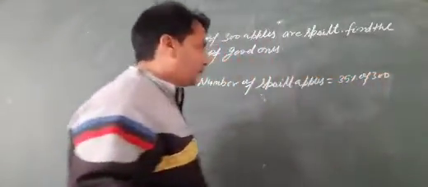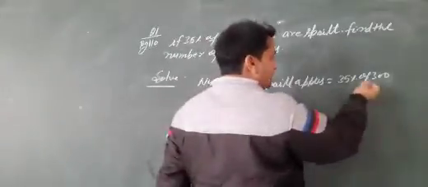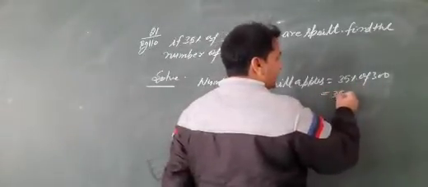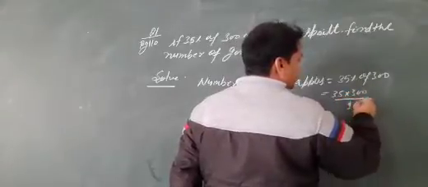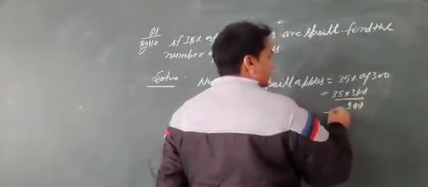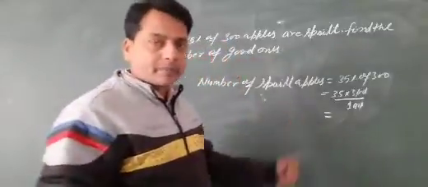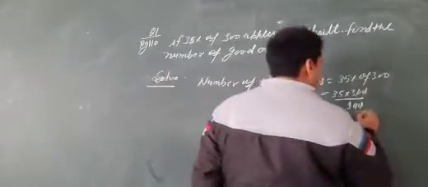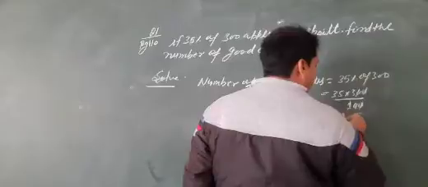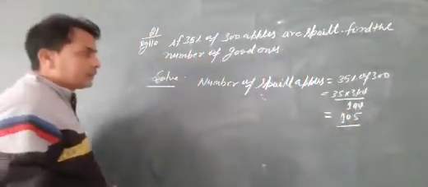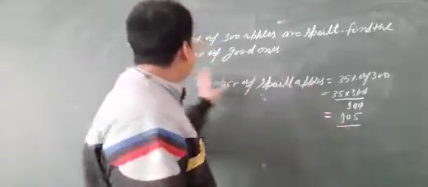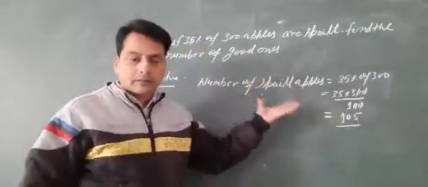So we can write here 35% of 300, that is 35 into 300 by 100, that is 35 into 3, then 105. So the number of spoiled apples is 105.